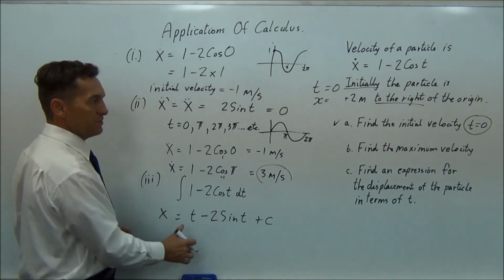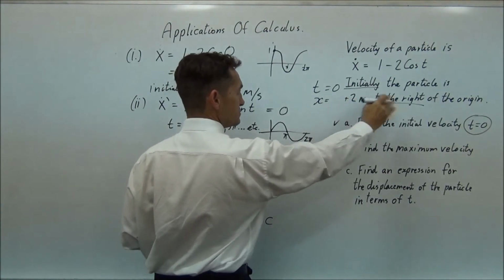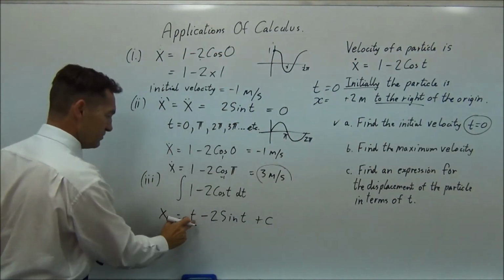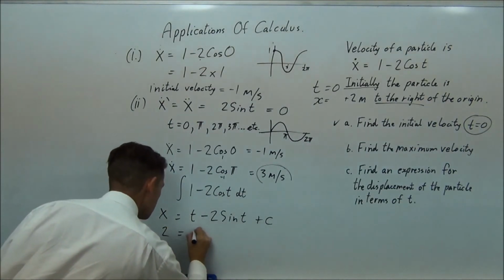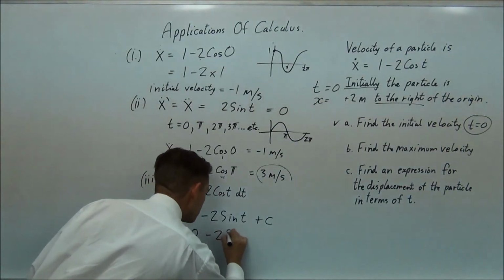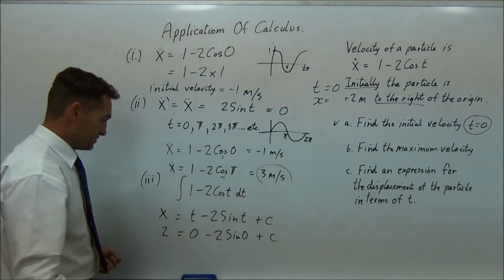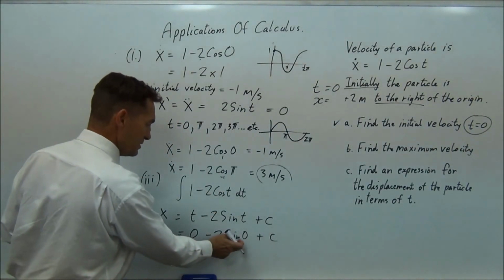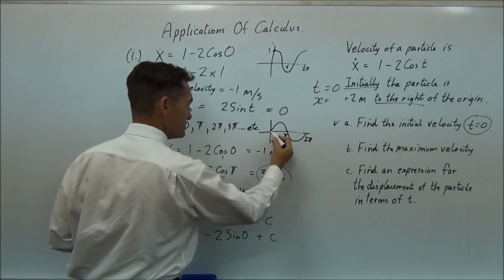What do you know? Initially it's 2 meters to the right. So we have to put t as 0 and x as 2. So 2 equals 0 minus 2 sine 0 plus c. What's sine 0? Here's a sine curve. There's 0. It's 0.